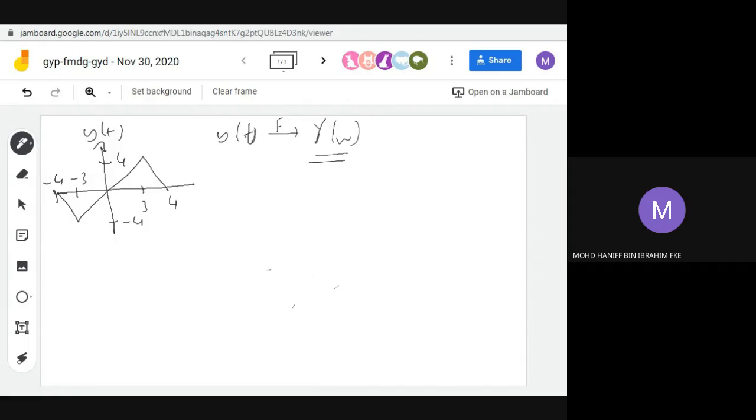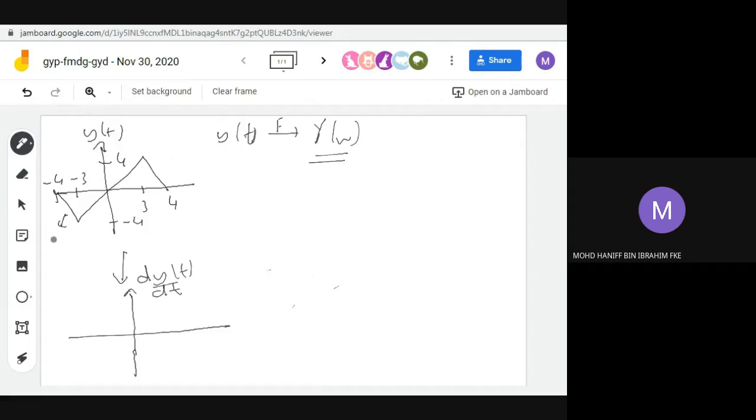When we apply the differentiation property, we need to differentiate this graph. If we do a first order differentiation, what should be obtained? Say this is dy(t)/dt. Because it's a straight line, we look at the slope.